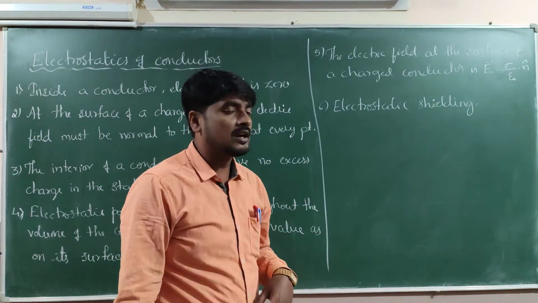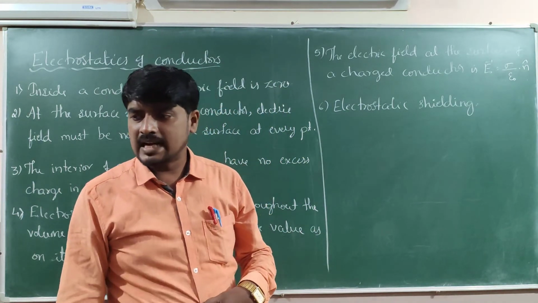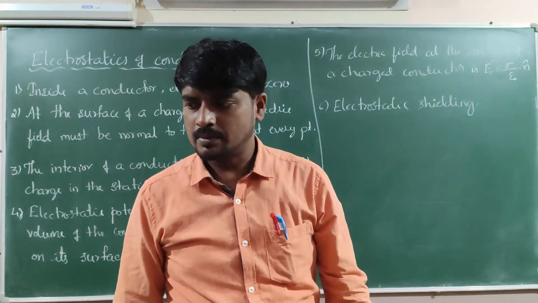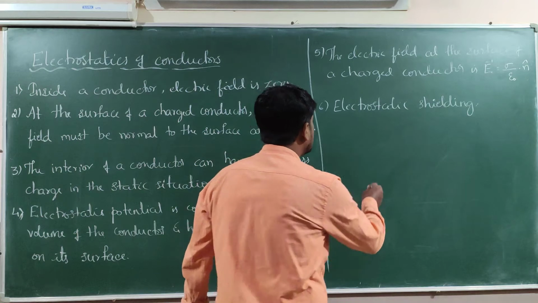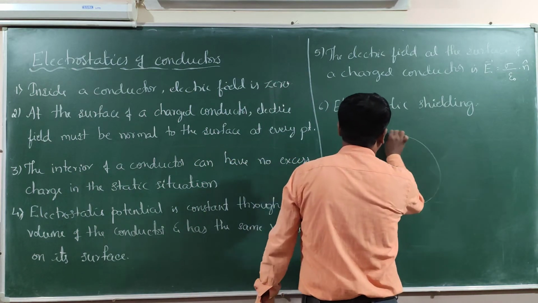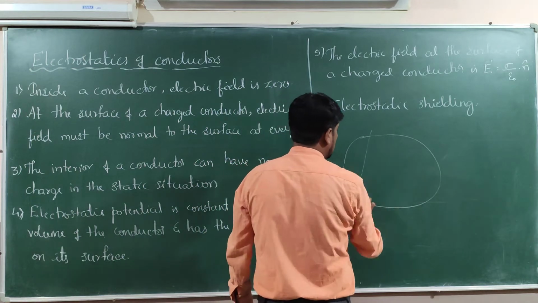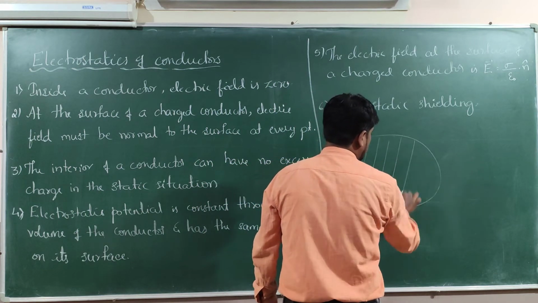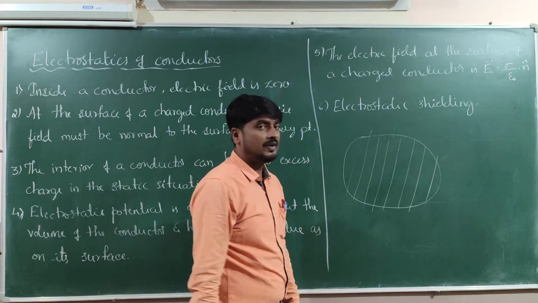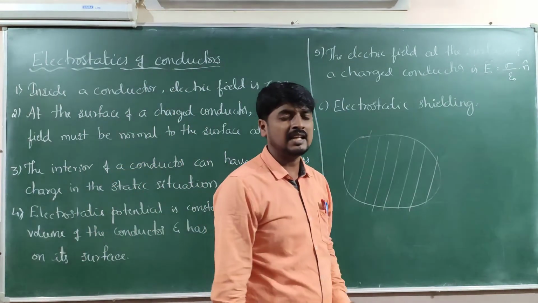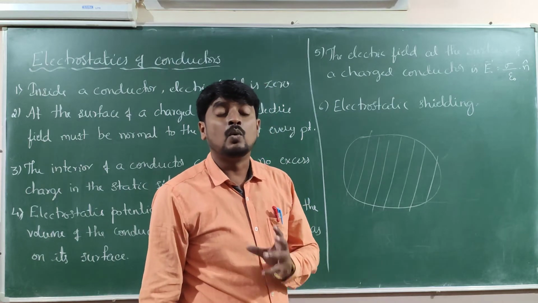And finally, electrostatic shielding. What exactly is the meaning of electrostatic shielding? Let's understand some important concepts related to this. Suppose I take a volume like this, if this is a conductor, in this the electric field lines are passing like this. These are all electric field lines. Then what I will do?